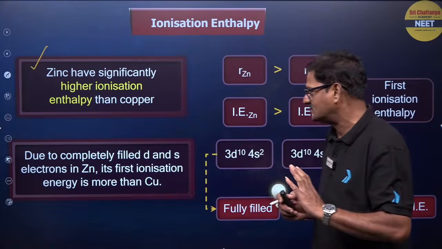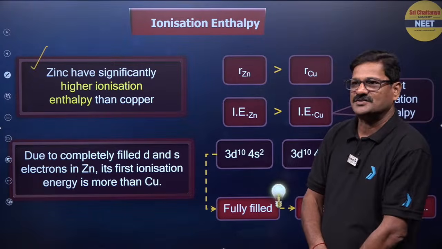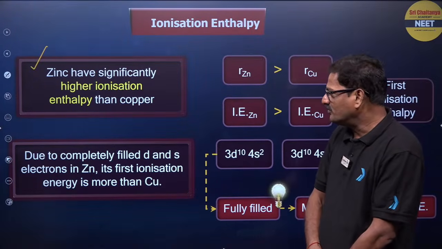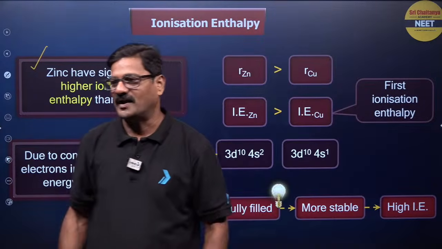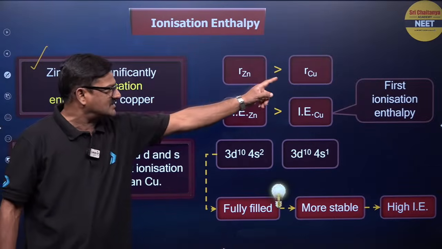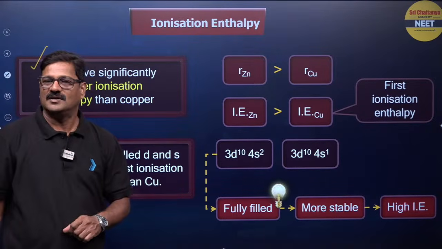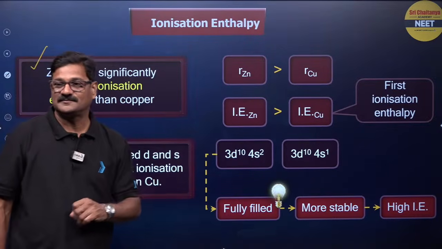Anyways, you can see zinc has significantly higher ionization energy due to completely filled d orbitals. The atom is completely packed. So I mean to say, the radius of zinc is greater than copper, yet the ionization energy of zinc is greater than copper.